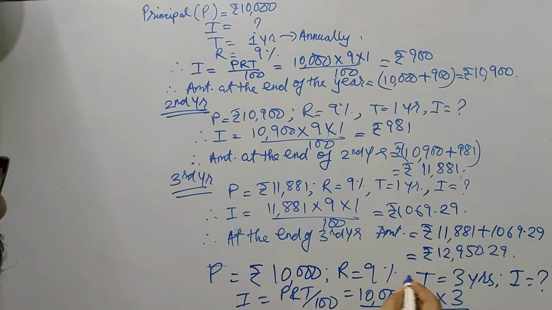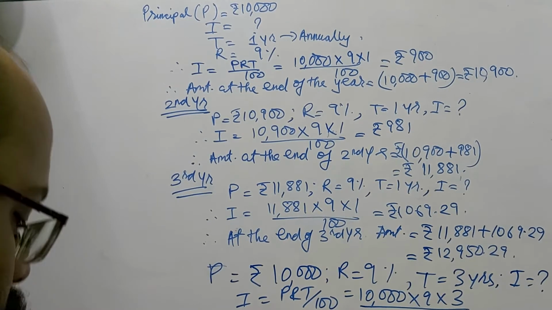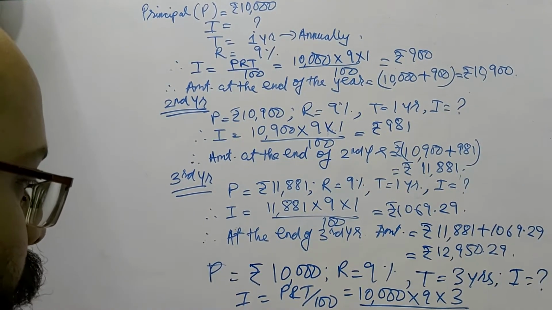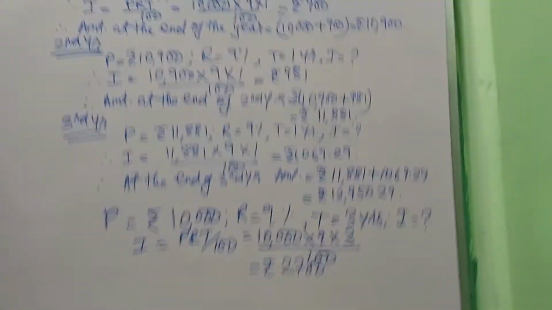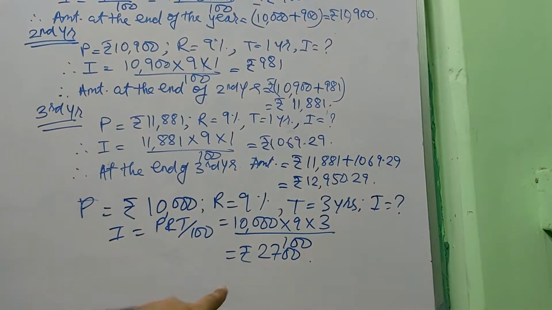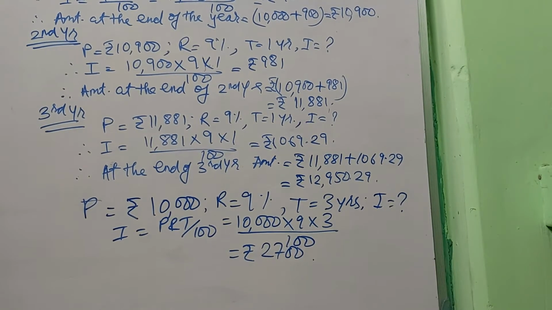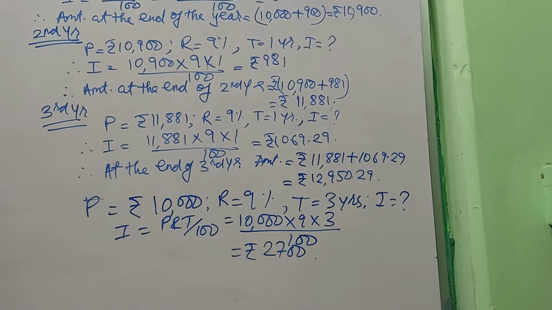So for simple interest, put 3 years directly, and you will get the interest value as 2,700. This is the total interest value you will get at the end of 3 years.